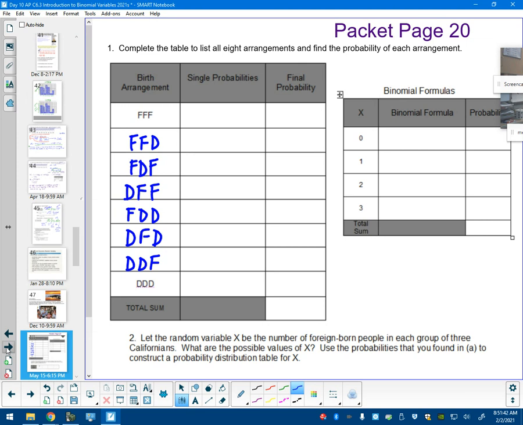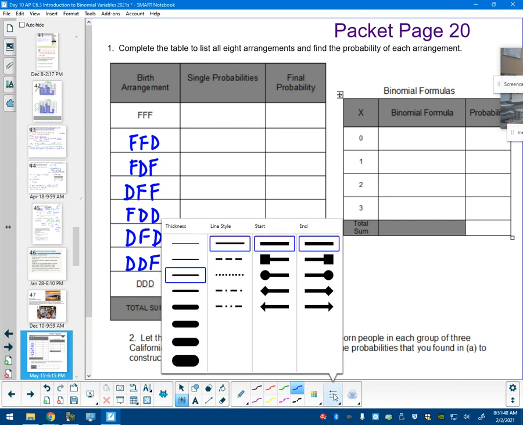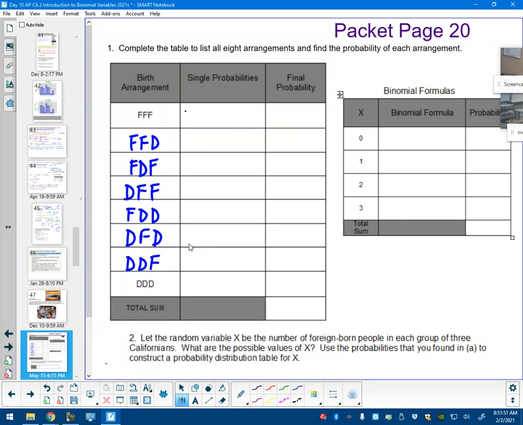Okay. What's the probability of being foreign-born? 0.27, right? So this is going to be 0.27 times 0.27 times 0.27. The next one's down. It's going to be 0.27 times 0.27 times, what's 1 minus 0.27? 0.73. Yep, 0.73.